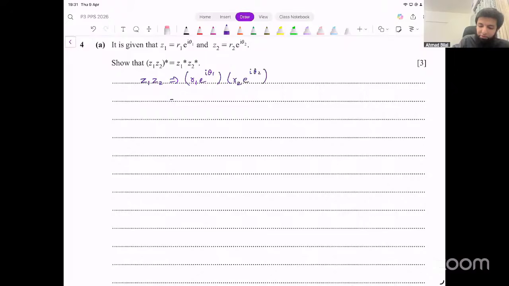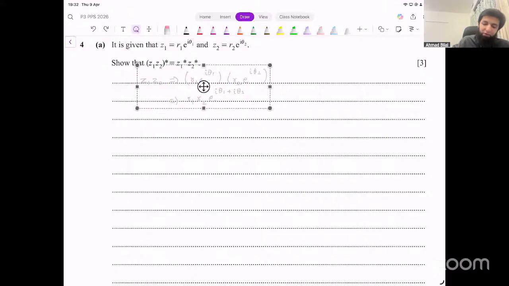Now R1 and R2 get multiplied, so you get R1 R2 e raised to power iota theta 1, e raised to power iota theta 2. The powers get added and it becomes iota theta 1 plus iota theta 2. That is what we end up getting for z1 z2.